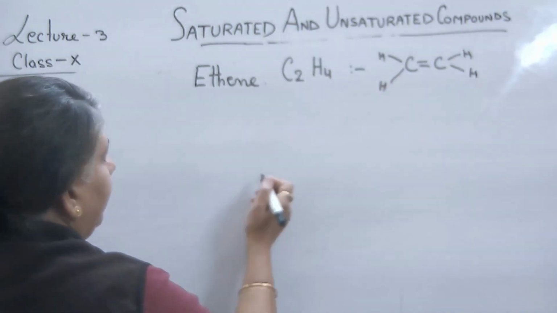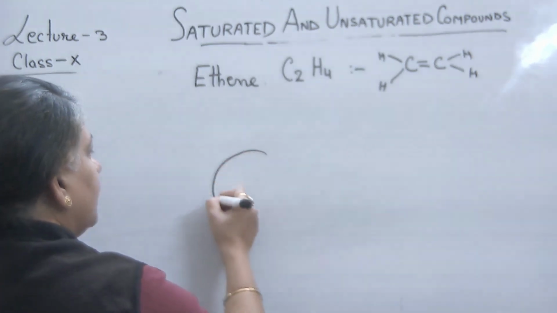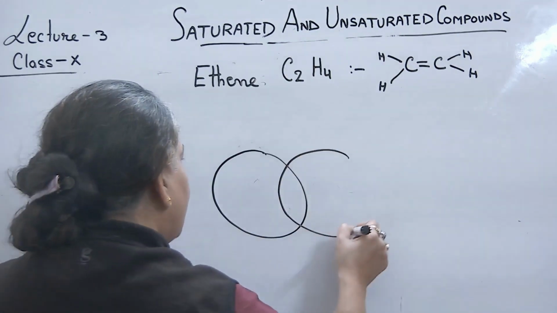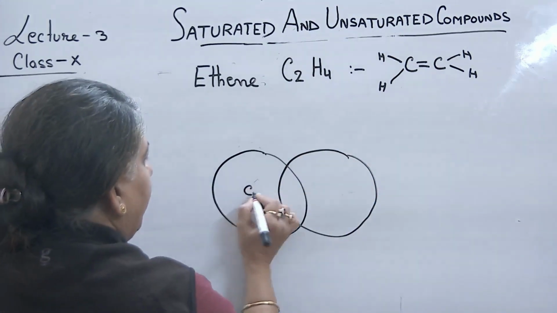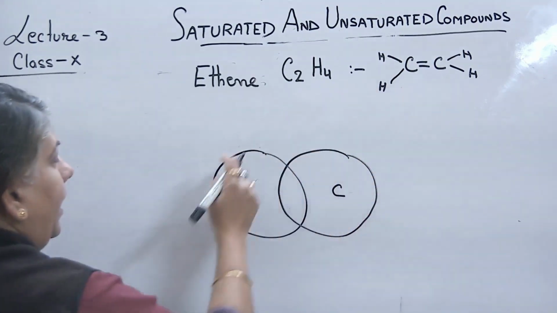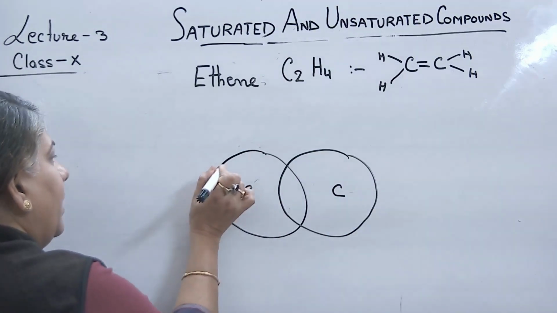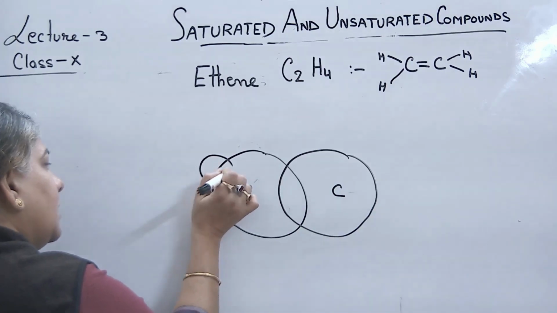Again, there are two carbon atoms, so make two big circles of similar size for the carbon atoms. And each carbon is attached to two hydrogens, so make two small circles.